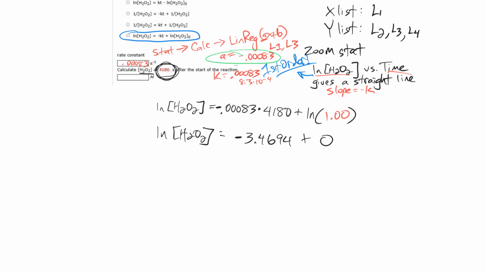Okay, so if I want to get the concentration alone in this equation, I'm going to raise e to both sides of the equation's power. That gets rid of the logarithm, and we're left with, if we plug into my calculator, e raised to the negative 3.4694 power, and round to a reasonable number of significant figures, it's 0.031, and it's a concentration, so that's molar.